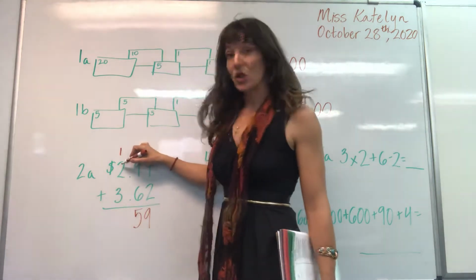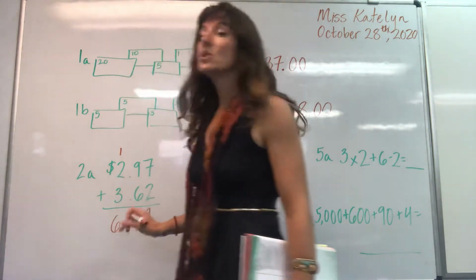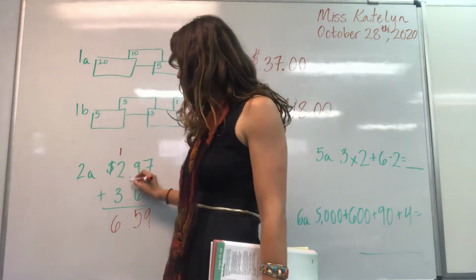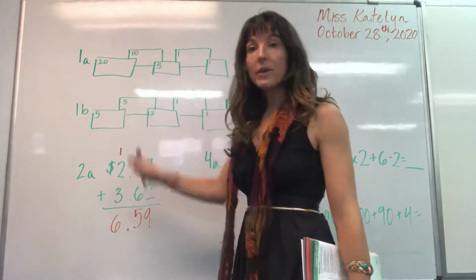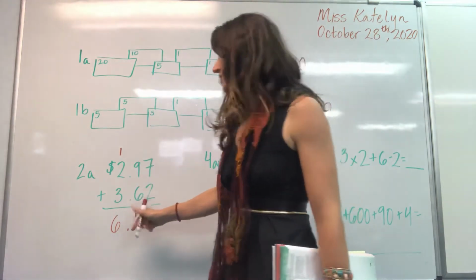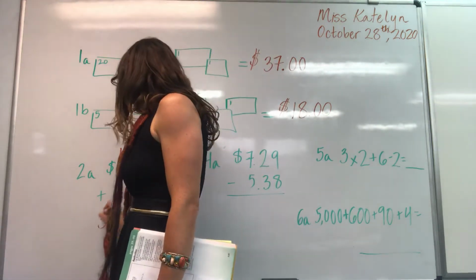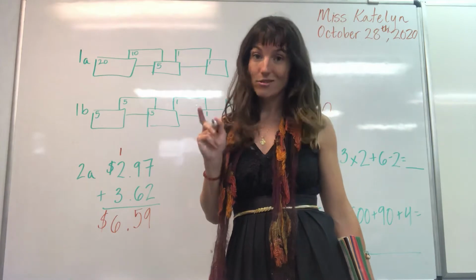1 plus 2 is 3, plus 3 is 6. And now when it comes to adding dollars and cents, you need to make sure that you bring your decimal point directly below where it has been lined up in the equation, and you also need to bring down your dollar sign. Some of us lost points on the math test for forgetting the dollar sign.